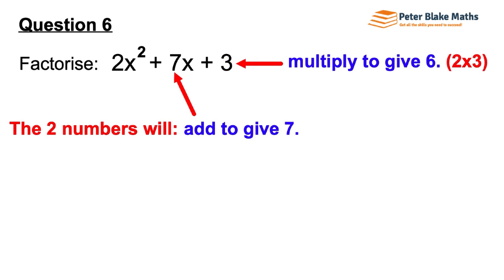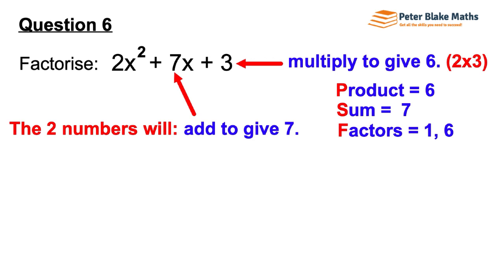How we get that 6 is to multiply the very front 2 by that final 3 there. 2 times 3 gives 6. So we've got to adjust our thinking for what the two numbers will multiply to give here once we've got a number at the front of this quadratic expression. So we'll have a product of 6 and a sum of 7.